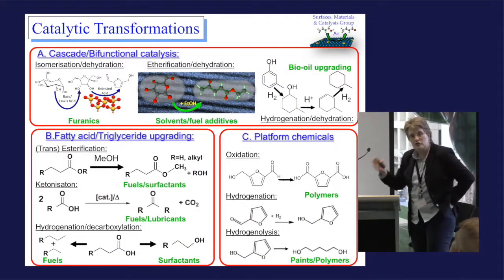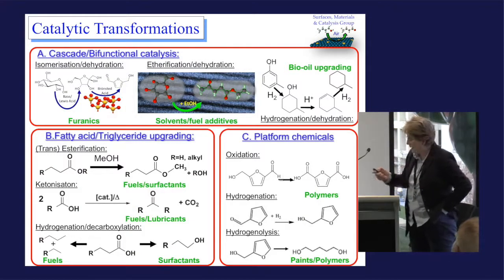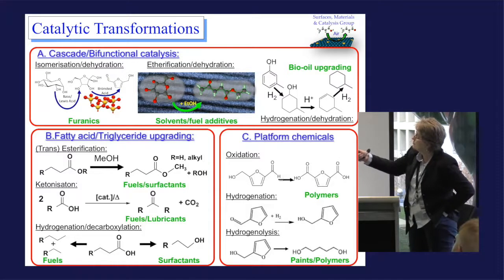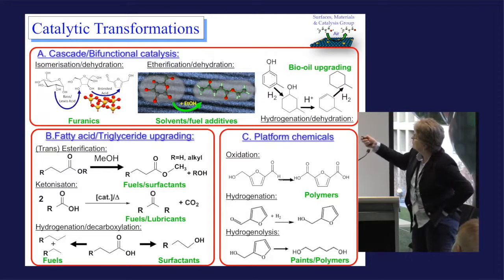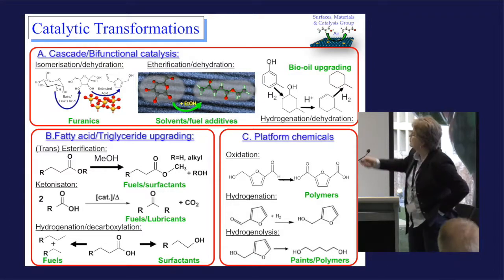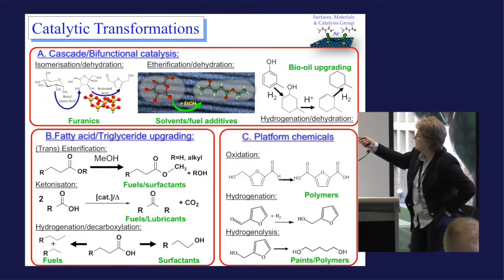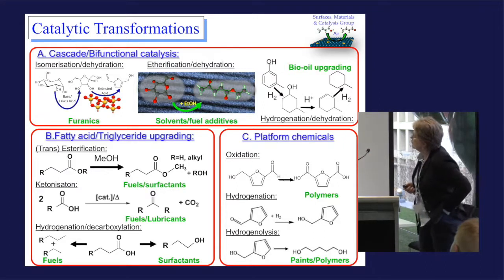So the types of reactions we've been looking at span a lot recently in the biomass space, so looking at bifunctional processes, taking, for example, sugars through to platform chemicals, or through to fuel additives, and also looking at tandem catalysis for bio-oil upgrading, where you can produce products at lower temperatures by coupling acid and hydrogenation catalysts together to go down a lower energy and more efficient pathway.